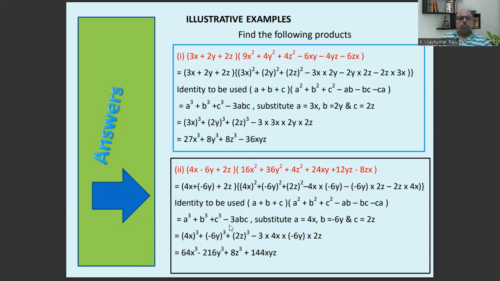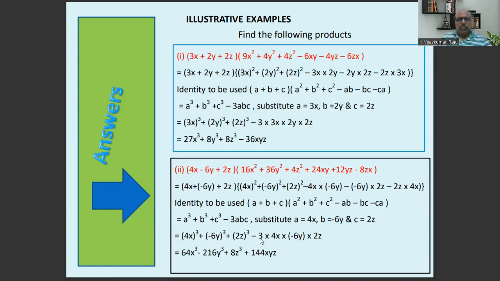Now minus 6 into minus 6 into minus 6: 6 6s are 36, 36 6s are 216. Minus into minus is plus, plus into minus is minus, so it becomes minus 216y raised to 3. 2 cube is 8z raised to 3.